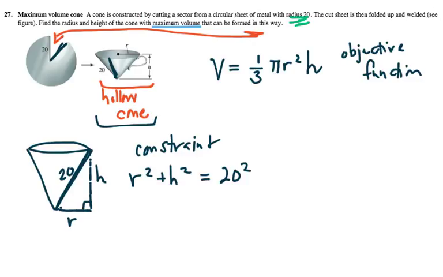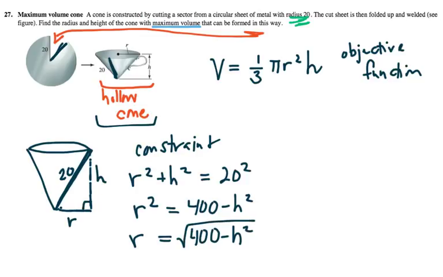So I'm going to solve the constraint for one of the variables. I'm going to solve it for r. So I know that r squared is equal to 20 squared minus h squared. Well, 20 squared is 400, so we have 400 minus h squared. r is a radius, so it's going to be positive. So when I solve for r, I square root both sides. I have r equals the square root of 400 minus h squared. Again, r is positive, so we can just take the principal square root here.